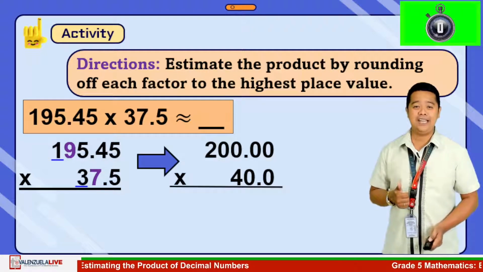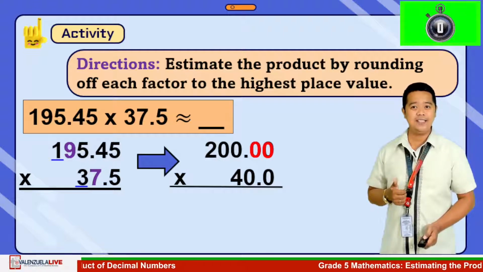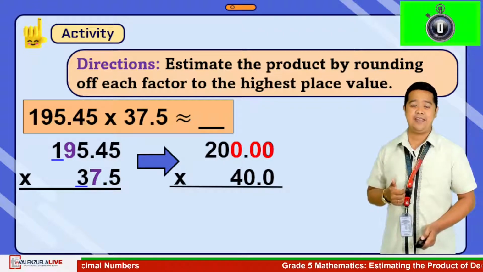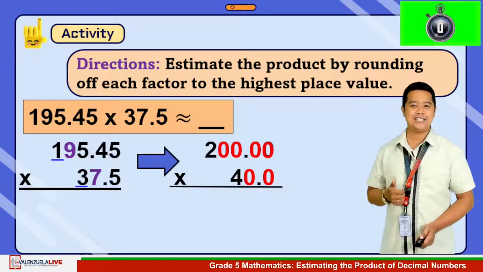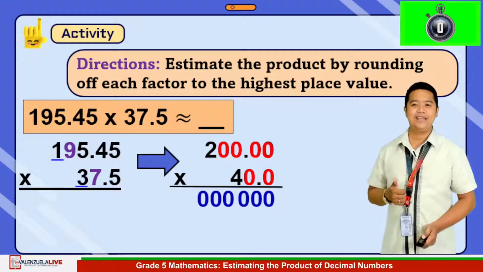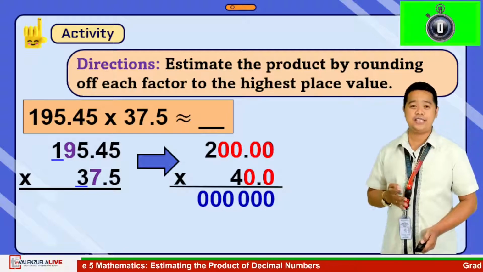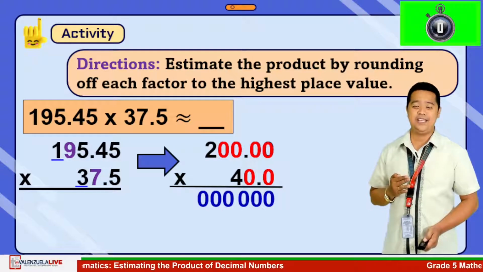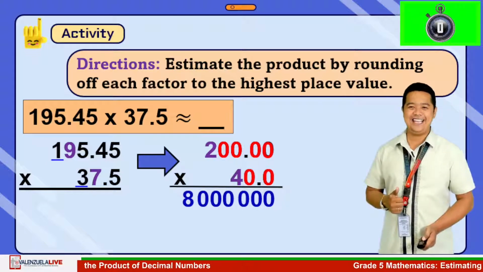Again, multiply the rounded factors. Count the number of zeros. We have 1, 2, 3, 4, 5, 6. We have 6 zeros. And then multiply the remaining digits, which is 4 times 2, is equal to, great job, 8.